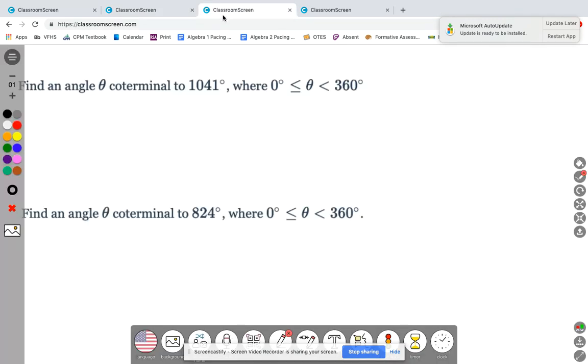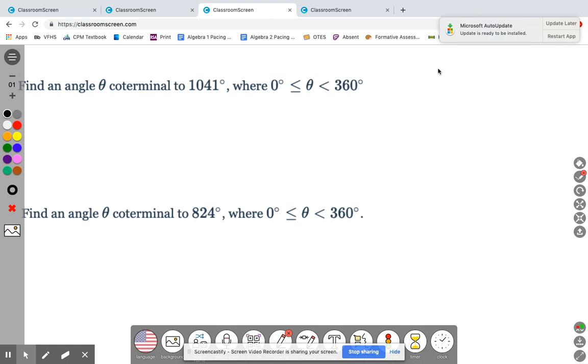So we're going to be doing these without actually drawing pictures. For this example, it's asking us to find an angle, theta, that is coterminal to 1,041 degrees, where theta is in between 0 degrees and 360. So we want to find an angle that's coterminal to this, but in between 0 and 360.